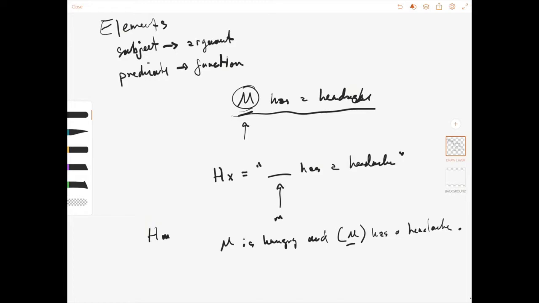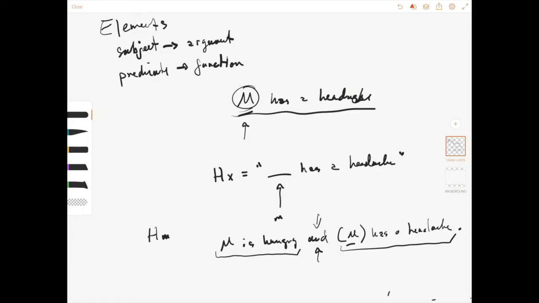But what we actually mean when we use those compounds is to be providing complete assertions about the world, or in other words, individual propositions that are joined together with connectives. So have a look at this. Matthew's hungry and has a headache can be analyzed as the proposition Matthew is hungry, the proposition Matthew has a headache, joined together by the connector and, which of course is ordinary English, but we can formalize that as a conjunction.